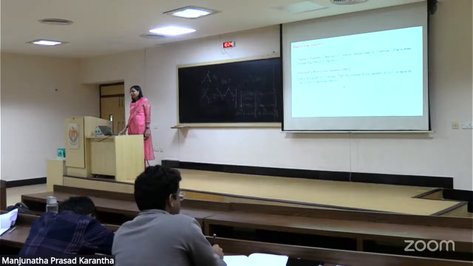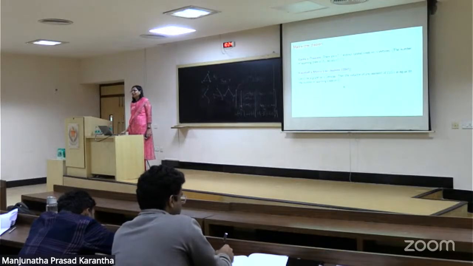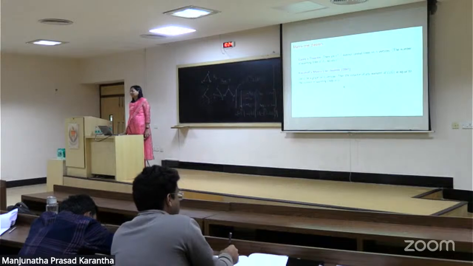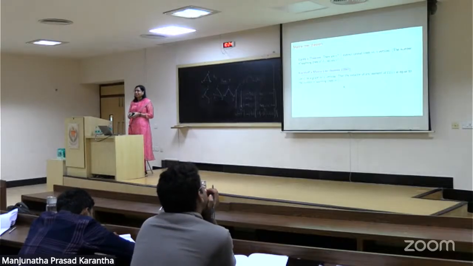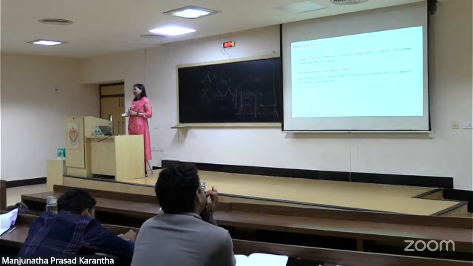We can simplify; actually, we don't calculate the cofactor directly. Cofactor means you are considering a submatrix of size n minus 1 cross n minus 1. All the cofactors are the same.